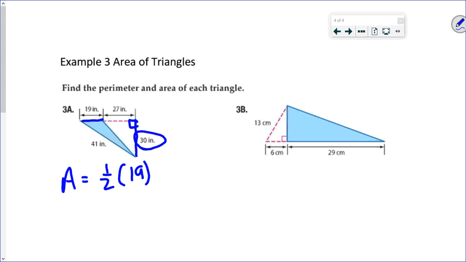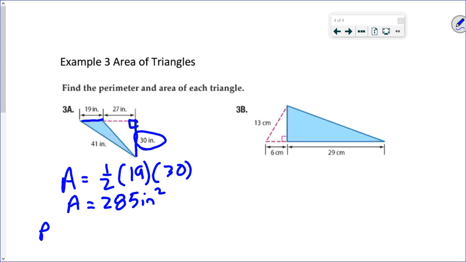The height, the altitude, is perpendicular here. So 19 times 30, half of that. Of course, put that in here. And we'll get that the area is 285 inches squared.